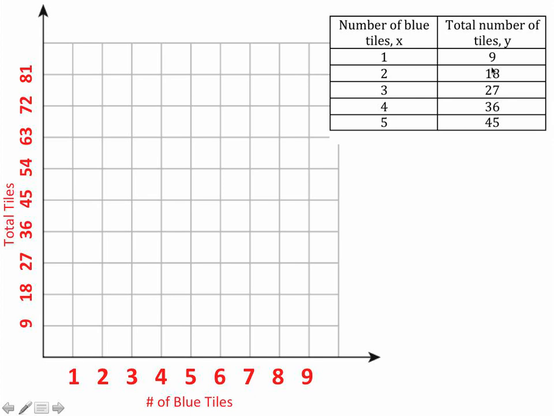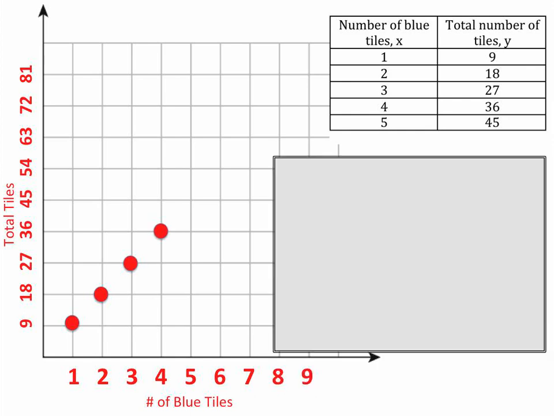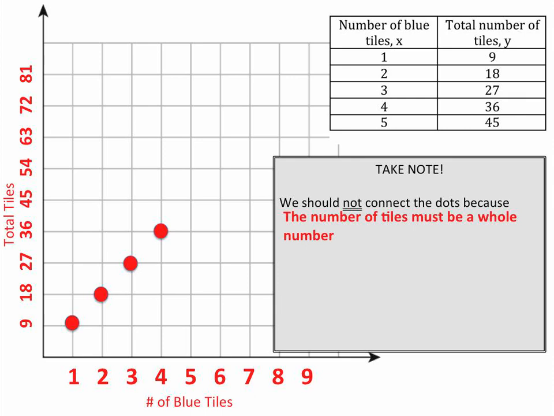So now just using the table, you can just plot the points. 1, 9, 2, 18, 3, 27, 4, 36, etc. Okay? Now before you go and connect those dots, let's think about it a little bit. We should not connect those dots because in this case, there must be a whole number of tiles. I can't have 5.2 tiles. Okay, so I only want the dots.